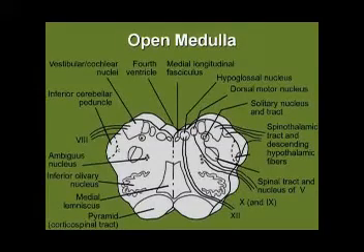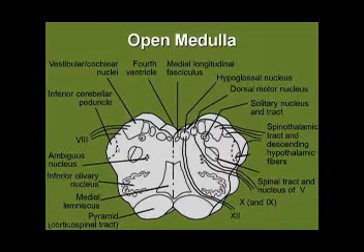Now let's move to an open or an upper medulla section. By open medulla, we mean that this is a rostral medulla section that is again overlain by the fourth ventricle. We don't have in the picture the corresponding area of the cerebellum, which is also going to be present. But the point is, we're looking at a brainstem section that is also overlain by the fourth ventricle, and the issue is, how do we know it's a rostral medulla section?